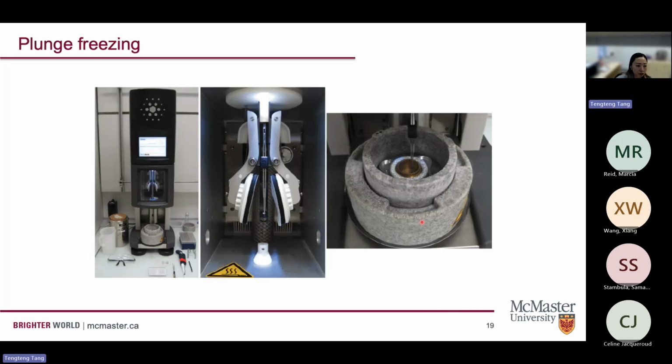Here are a few pictures as an example of a typical plunge freezing machine from the FEI. I think CCEM has access to a similar plunge freezer, the VitroBot. Essentially, the samples or the cells with the liquid are deposited on the grids, and the grid is held between the tips of this tweezer, and then you plunge freeze the sample into either liquid nitrogen or liquid ethane at liquid nitrogen temperature for cryopreservation.